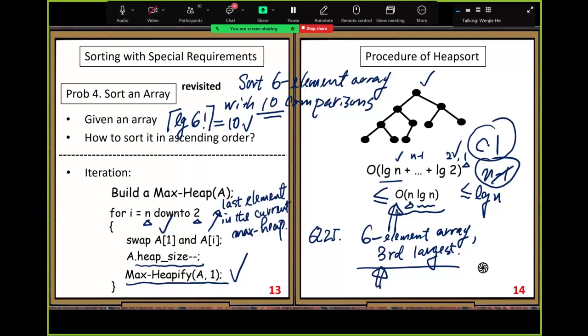Only when you need to beat that 10 comparison solution can you do a non-sorting based solution. To find the third largest element, you do not have to sort it. So let me just stop here.